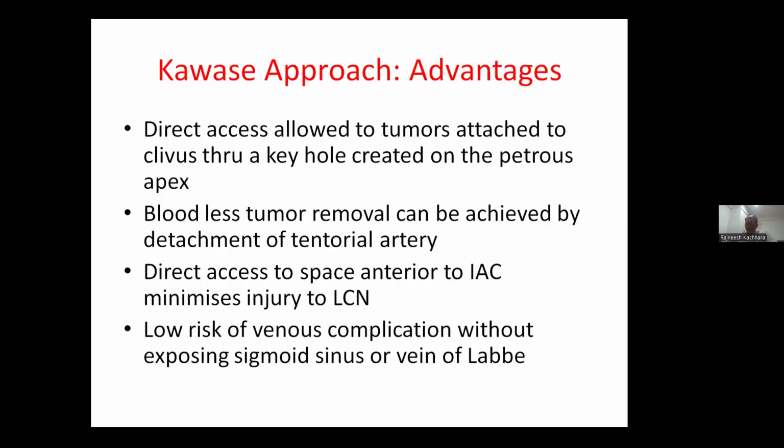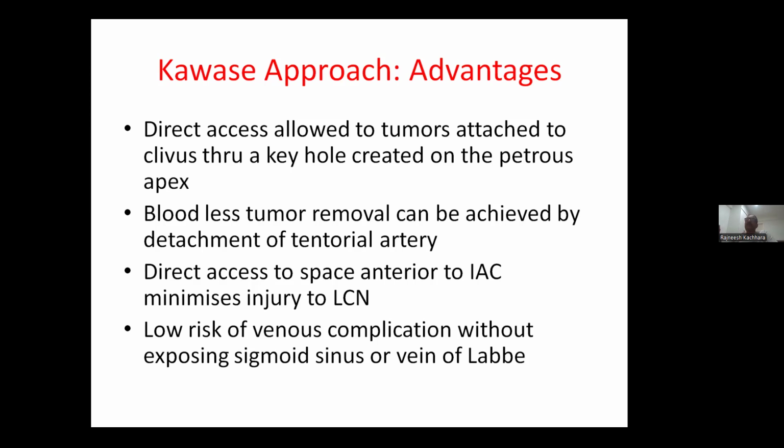So in all, the Kawase approach is a very advantageous approach because it gives direct access to remove these tumors completely. Tumors particularly which are attached to the clivus, through a small area in the petrous apex you can access these tumors.